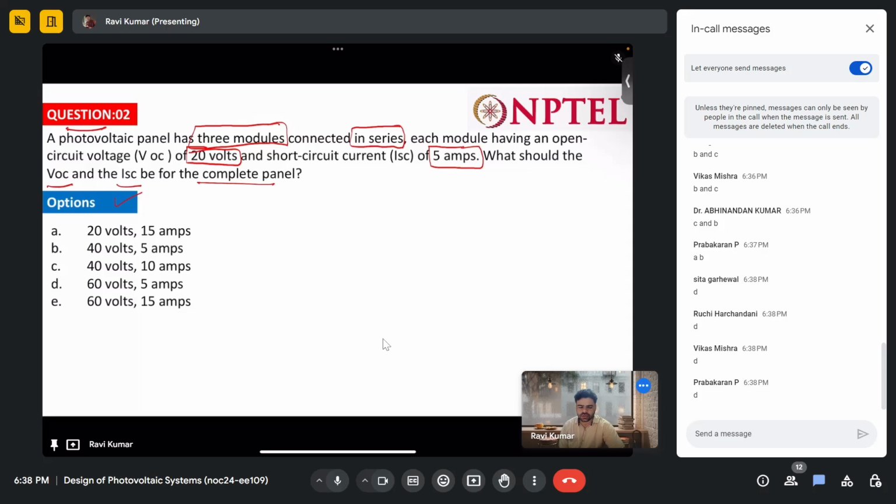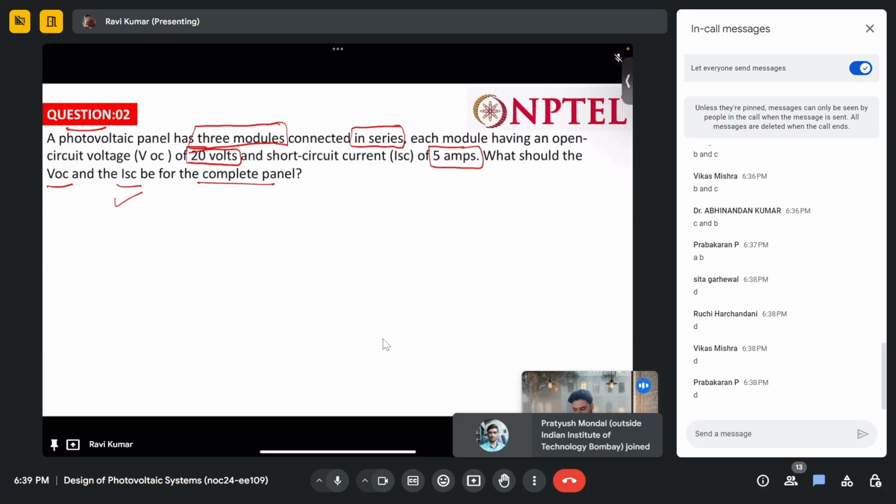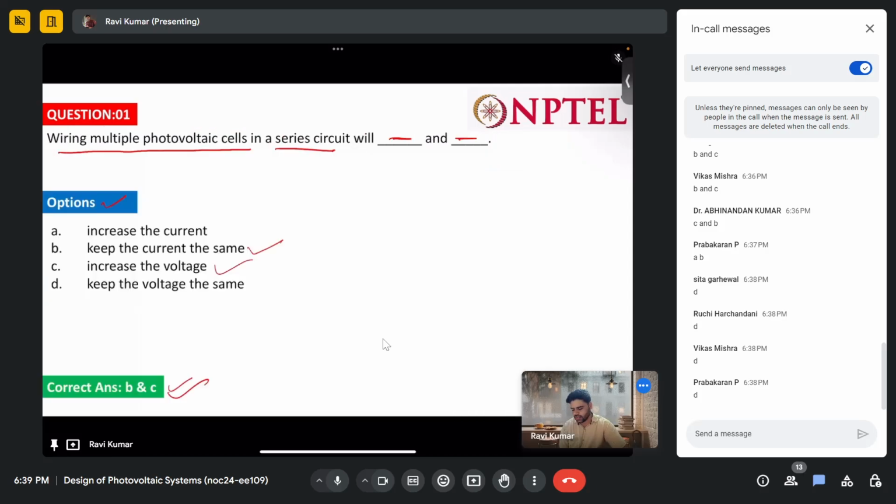In the previous question itself, we have seen voltage will increase but current will remain the same if we are connected in series. Sita, Ruchi, Vikas, Prabhakaran, what do you think about this? The last question we did. In a series circuit, current will remain the same, voltage will increase.